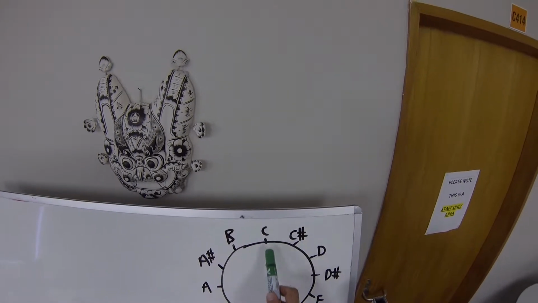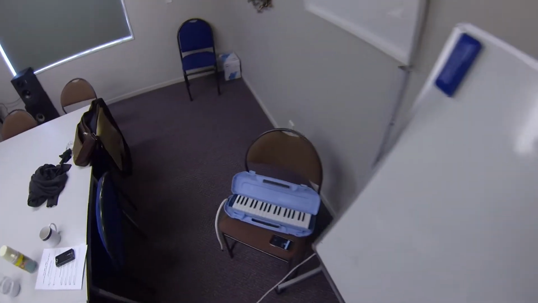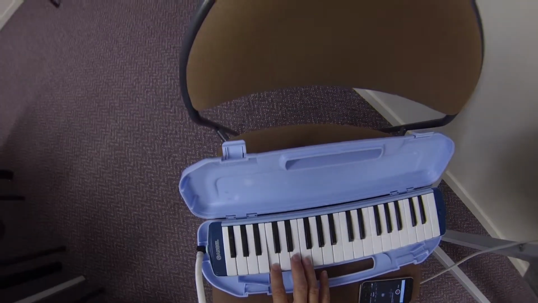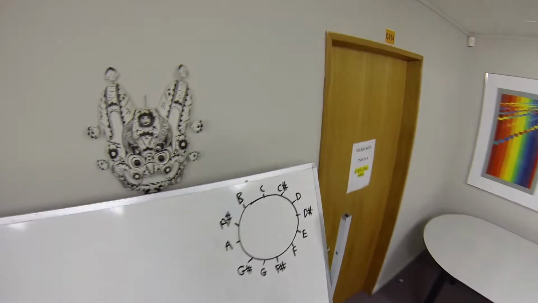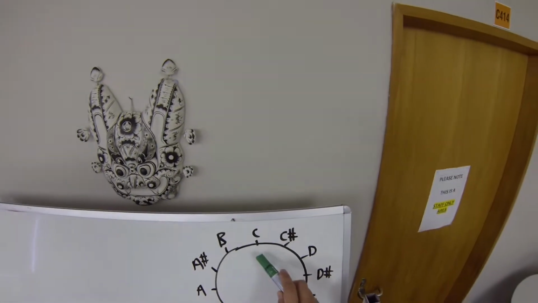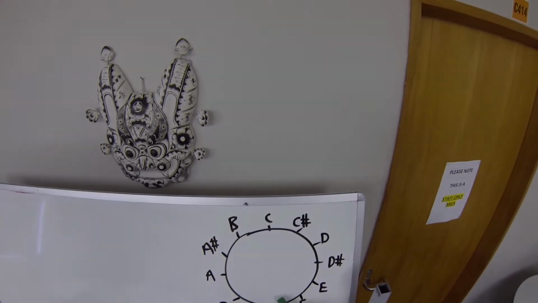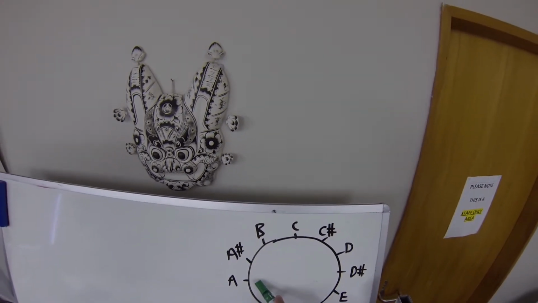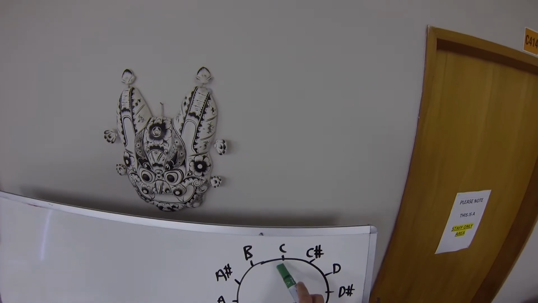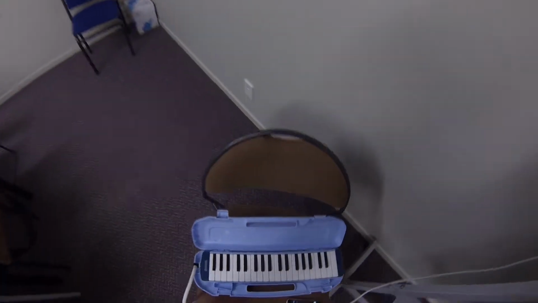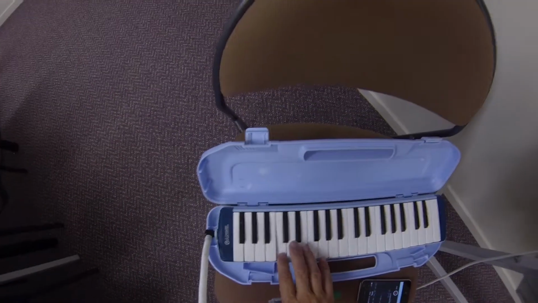So if I just turn that into real music, I'll find a C here on my melodica. C, C sharp, D, D sharp, E, F, F sharp, G, G sharp, A, A sharp, B, C. Now I'm back at a C, and this is what I've sung with my voice.